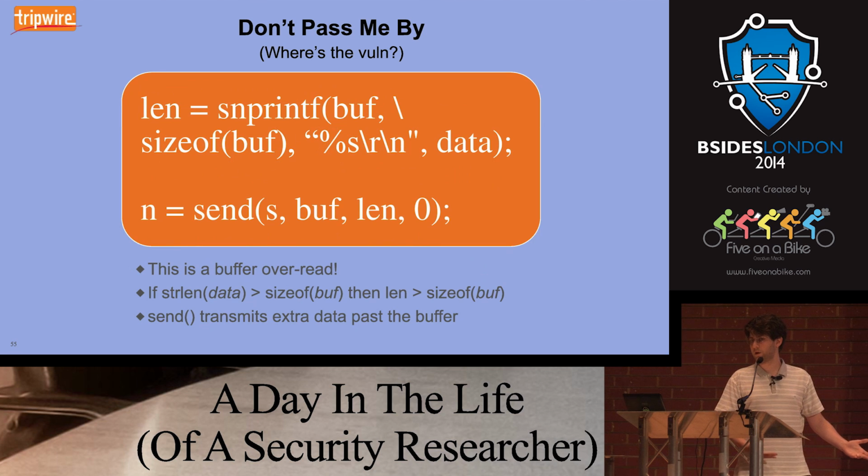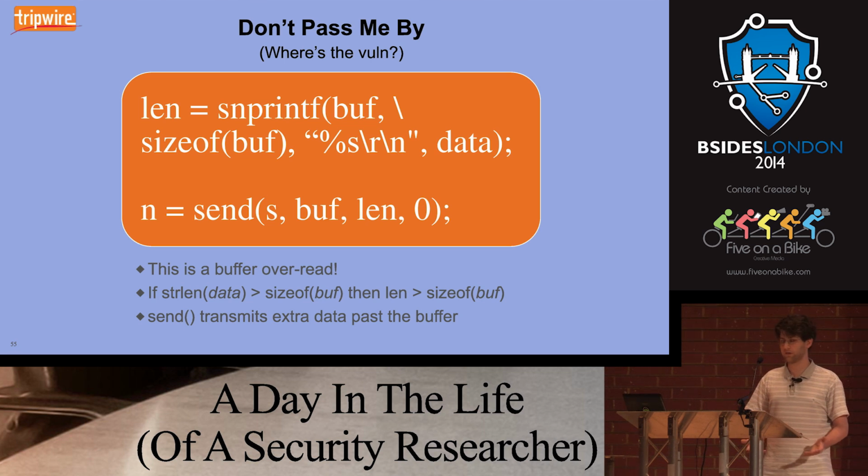So let me go ahead here. This is actually a buffer overread. In this situation, with snprintf, if you have data that is longer than the size of the buffer that you're putting it into, snprintf isn't going to return the number of bytes which were actually written into the buffer, but rather the number of bytes that would have been written had it not been a bounded string function. So on the next line, when you go ahead and do a send, and you're using the return value from snprintf, this len, you're going to end up sending more data than you expected to.